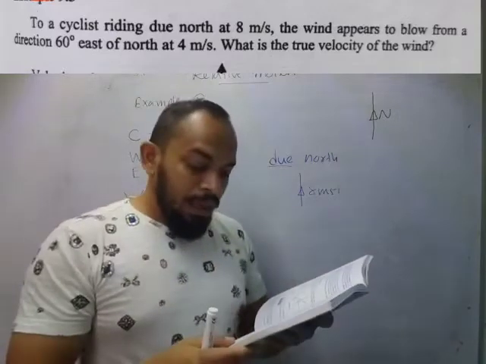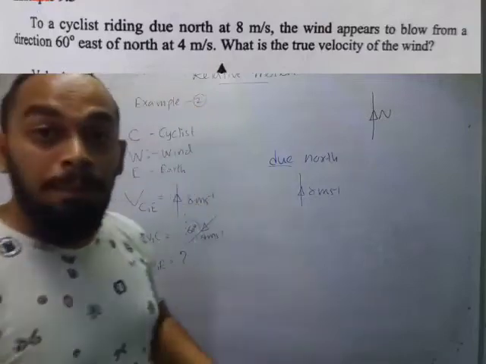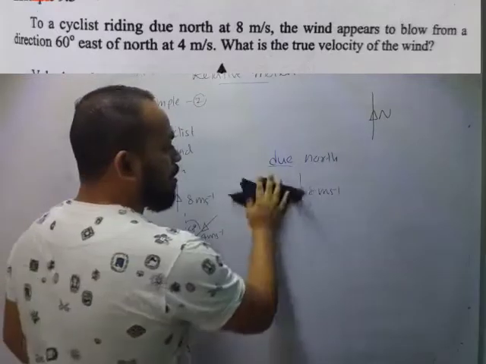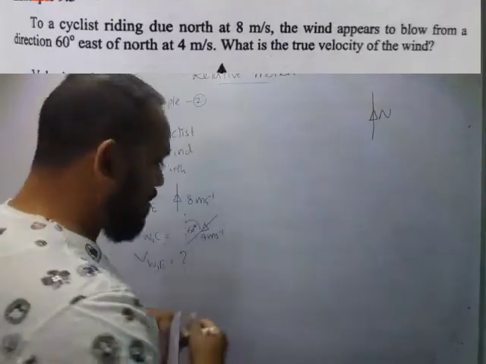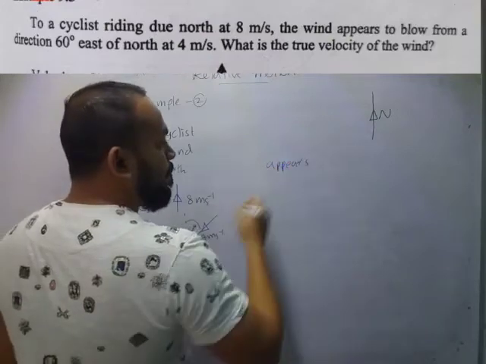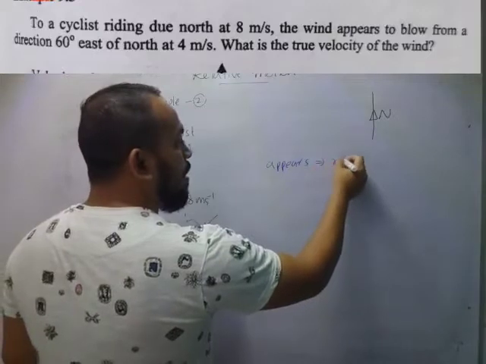Then the wind appears to blow from a direction. Wind appears to whom? That's the next thing. When it says appears, you should know that this implies relativity.